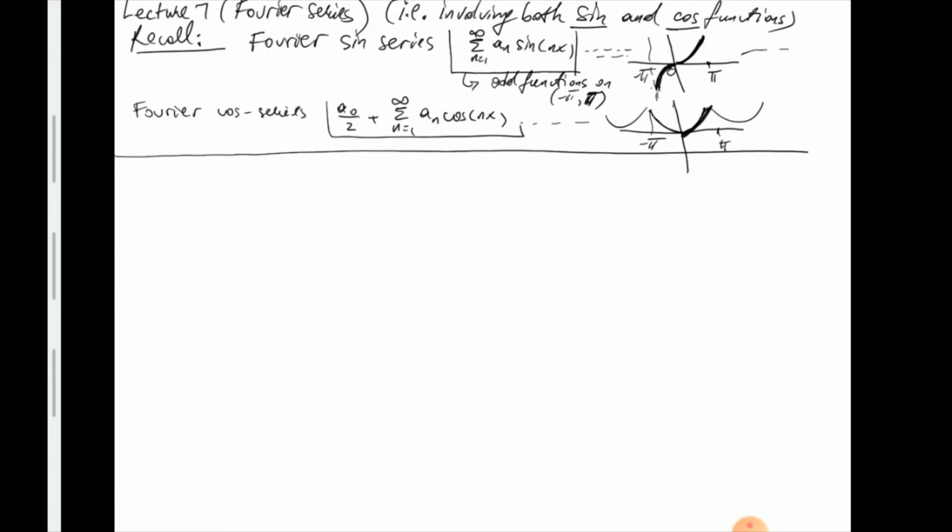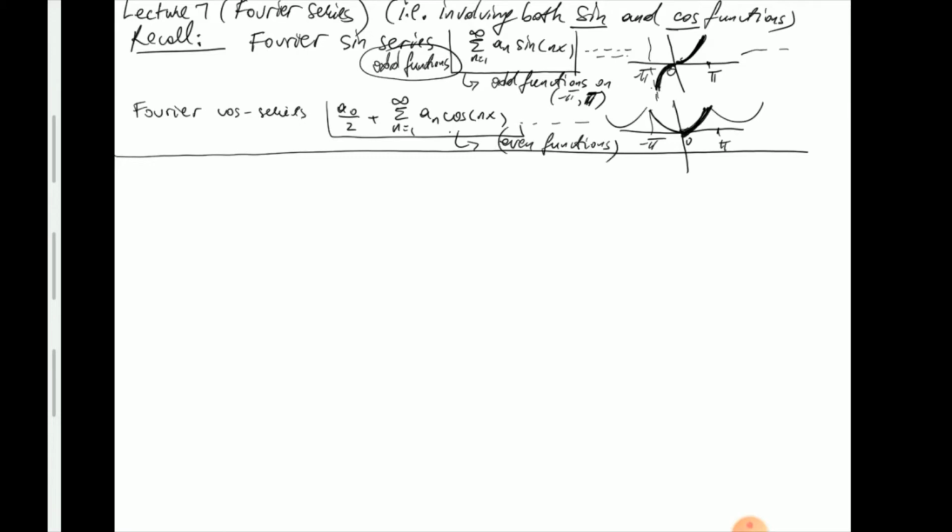The sine and cosine series both will represent the function to start with between 0 and pi, but each of them represents a different type of periodic extension. One of them is an odd extension, the other one is an even extension. And bottom line, if you have only a sine series, then you can only talk about odd functions, because the sine itself is an odd function, and of course here we have even functions. So this will cover only even functions.